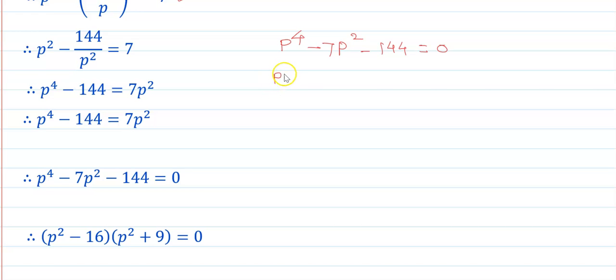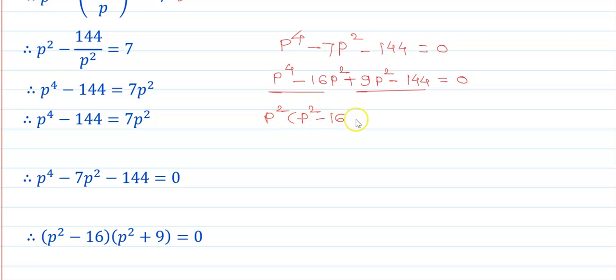Therefore, here you will get p raised to 4 minus 16p square plus 9p square minus 144 equals 0. Here we can take p square common: p square (p square minus 16) plus 9 (p square minus 16) equals 0.